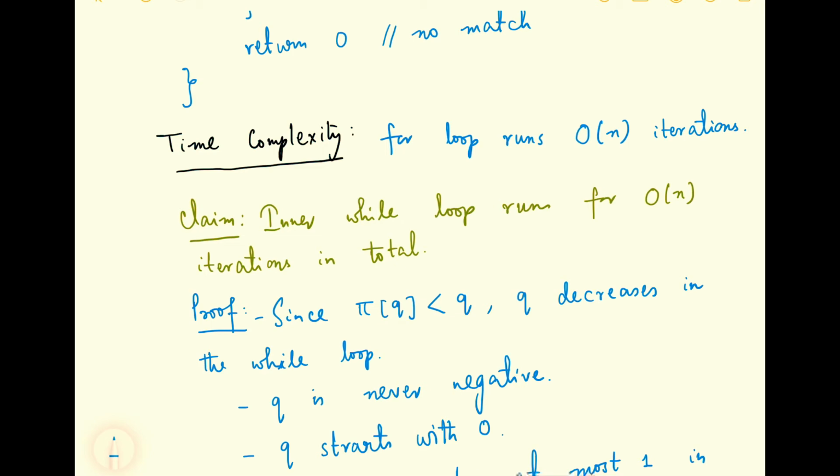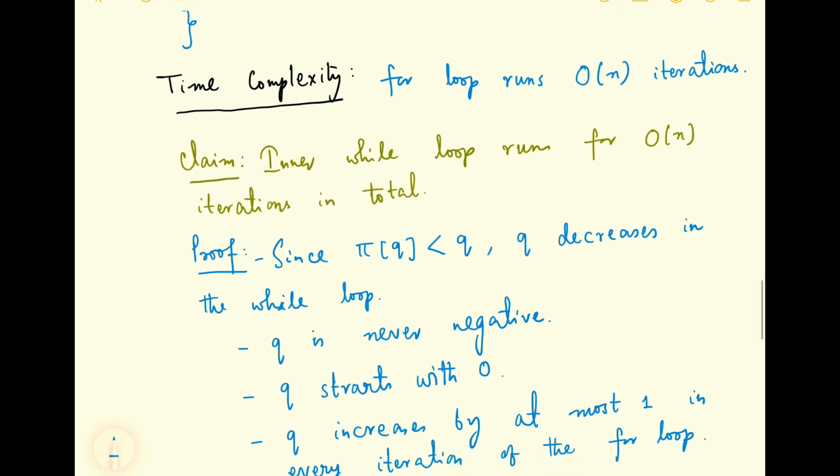It can happen that in one iteration of the for loop, this while loop runs for say n by 10 iterations, but then we will show that if it runs for more iterations once, it will run for fewer iterations in other iterations of the for loop, because we will show that the total number of iterations that the while loop can run is order n. We will show actually stronger, that it can be at most n.